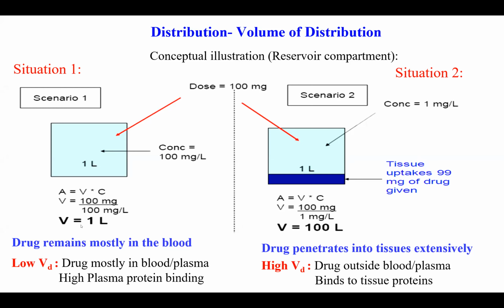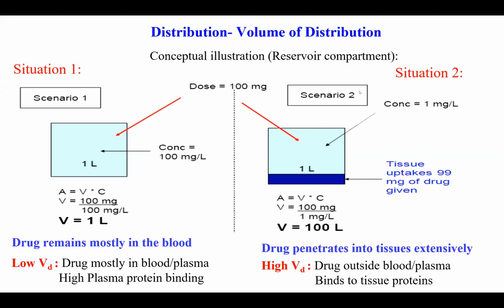The volume of distribution is 1 liter. That is considered a low volume of distribution, which means the drug is still in the plasma and there is a high possibility of high plasma protein binding.